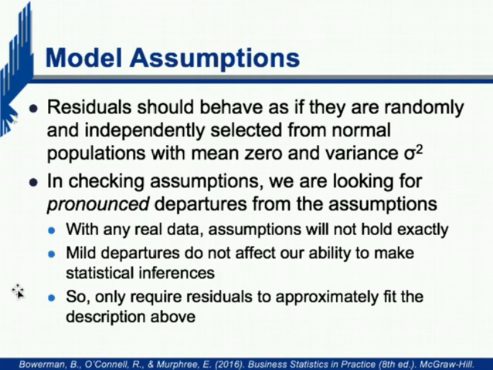And we are not really looking for minor deviations from the assumptions. We can only say that the assumptions are violated if there are pronounced departures from the assumptions. If the assumption is clearly violated, as shown in the graphs and tables later, then that's the only time when we can say that the assumptions are violated.